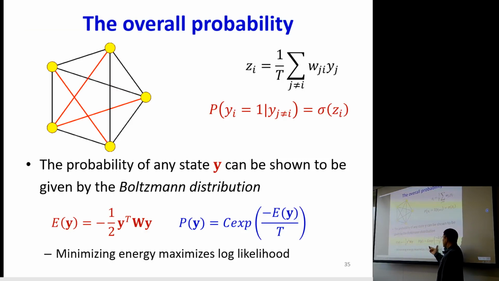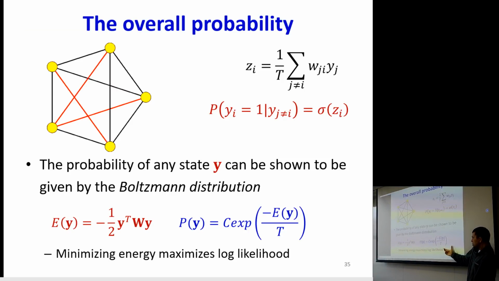The probability of the state is simply some constant times e raised to minus the energy of the state divided by the temperature. This is the equivalent of a thermodynamic system where the Boltzmann constant is 1. C is a normalization term, which makes sure that the whole thing is a probability distribution. In the absence of it, it won't be, right? So if you're minimizing the energy, this is the same as maximizing this probability, or maximizing the log probability, right?